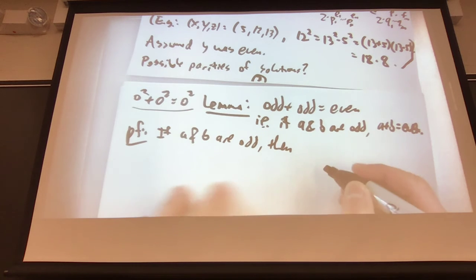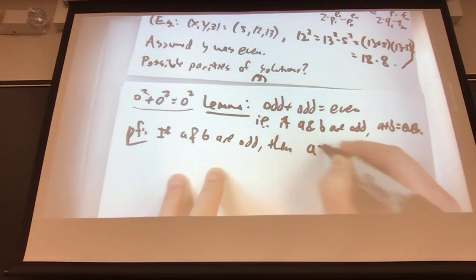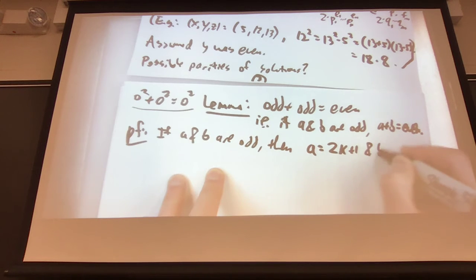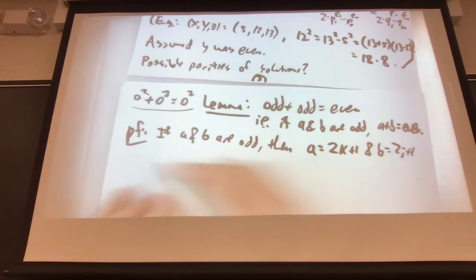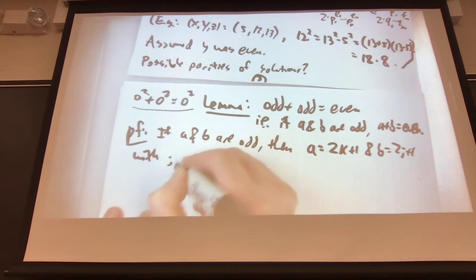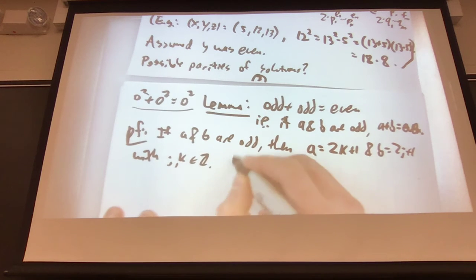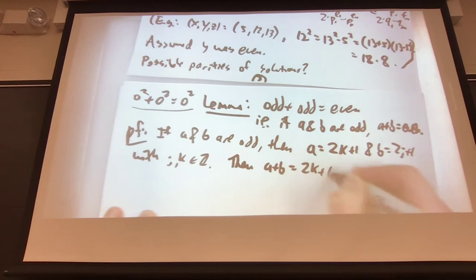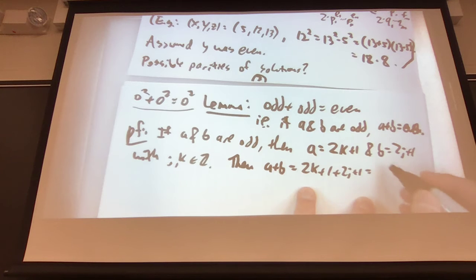By definition, we can express A, B such that A is equal to 2K plus 1, B is equal to 2J plus 1, where K and J are both integers. It follows that A plus B is equal to 2K plus 1 plus 2J plus 1. And once we simplify it, we get A plus B is equal to 2 times the quantity of K plus J plus 1.